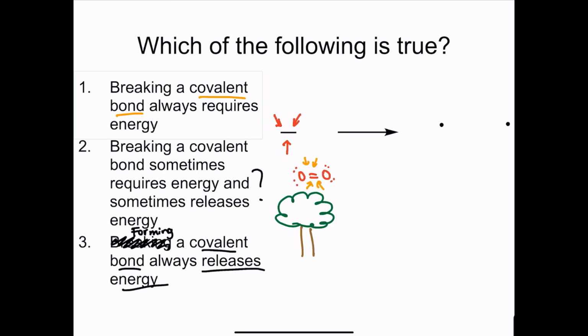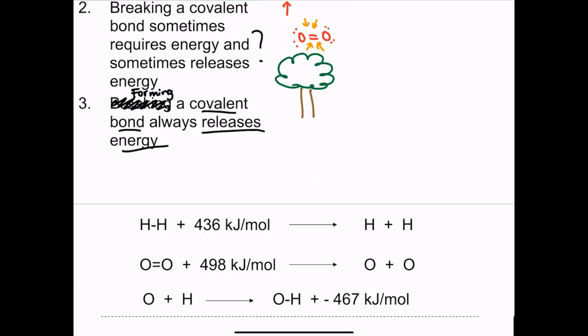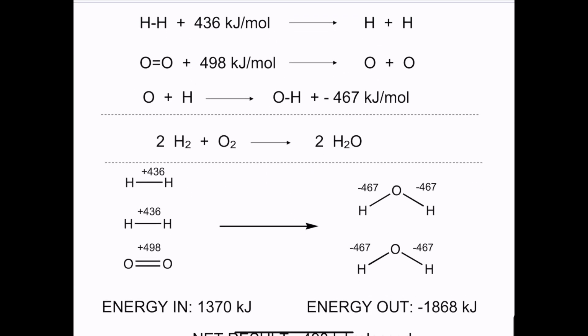Now, you may be thinking to yourself, why does this even matter? Well, let's skip forward to an example situation. I'm looking at the formation of water from hydrogen molecules and oxygen molecules. This is how that hydrogen molecule actually starts out, and this is how the oxygen molecule actually starts out.